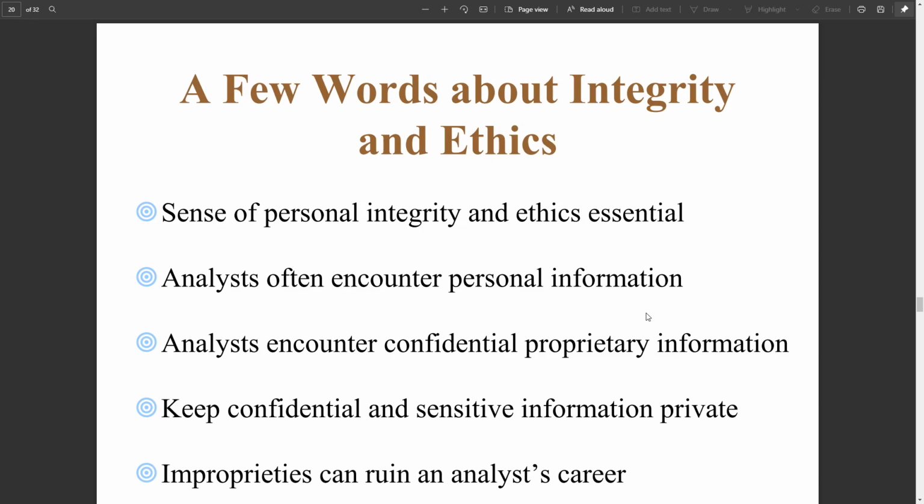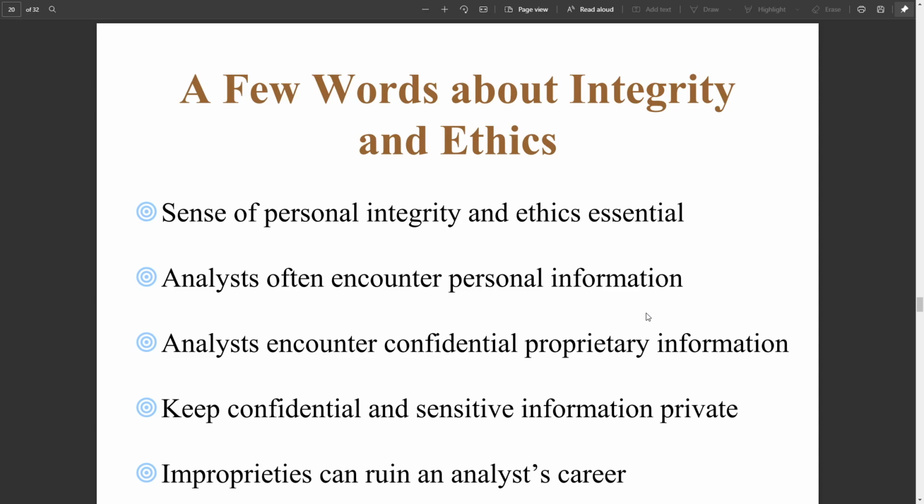And just a few words about integrity and ethics. So sense of personal integrity and ethics are essential. So systems analysts often encounter personal information. And the analysts encounter lots of confidential proprietary information.